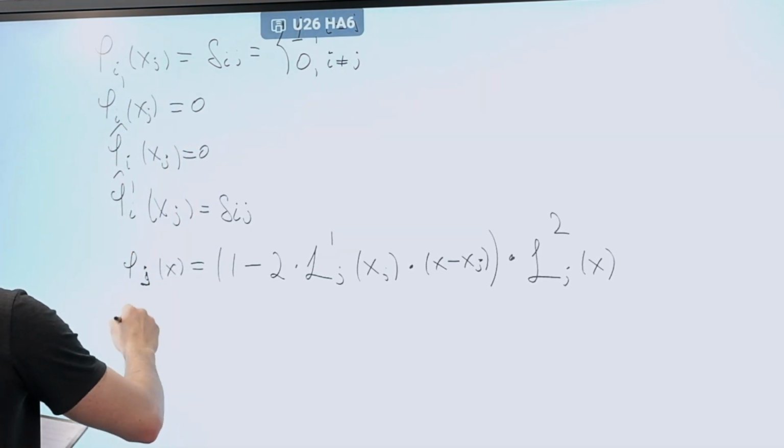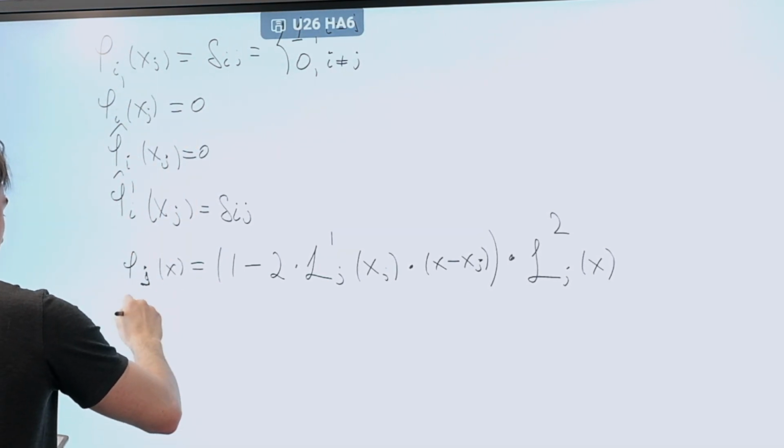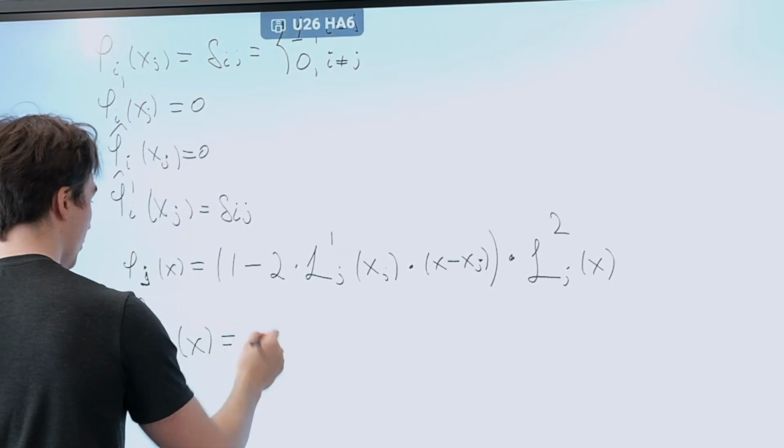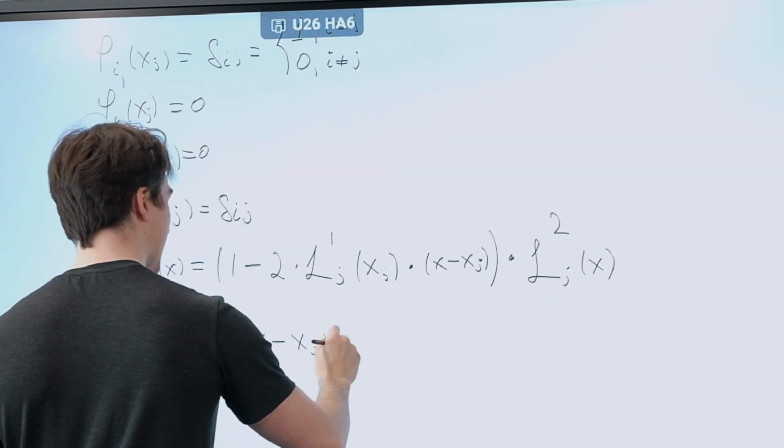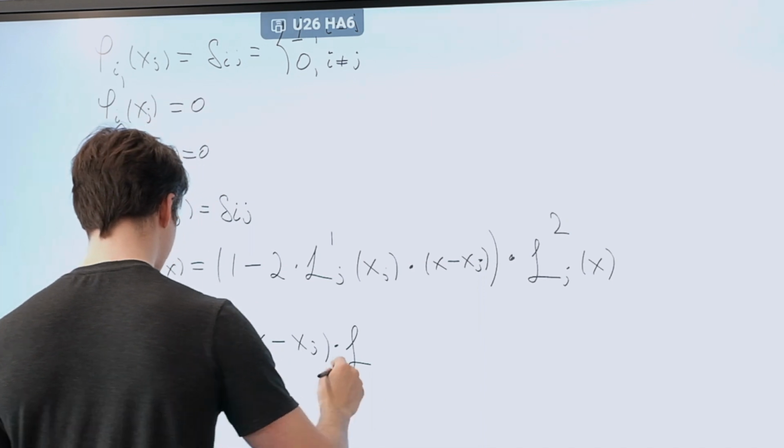And for the second basis, with a hat, we use the following function, which is x minus x j times the square of the Lagrange polynomial.